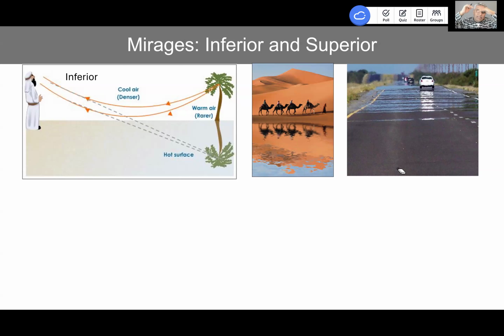So for each and every layer, the temperature is getting cooler and cooler the higher you go. Because of that, the density of air is slightly different, so there is gradual bending. It's not one phenomenon like when light enters from air to glass. Rather, it is happening gradually over these different layers of different temperature air.